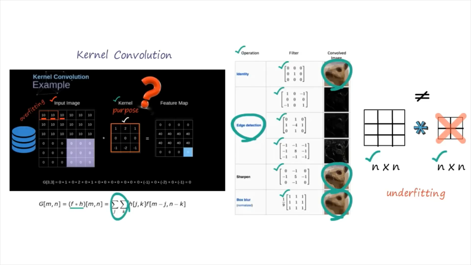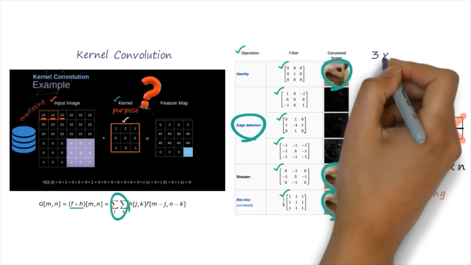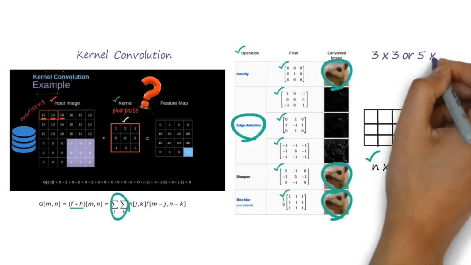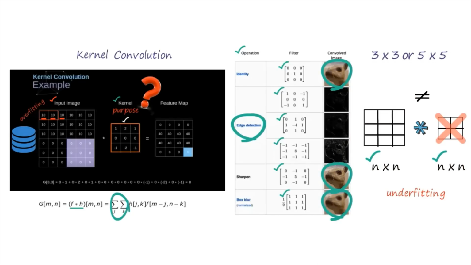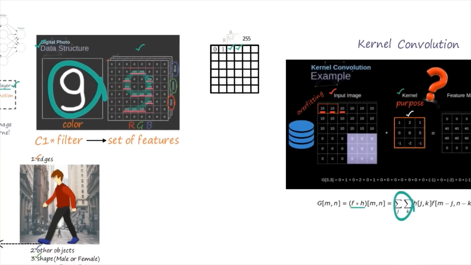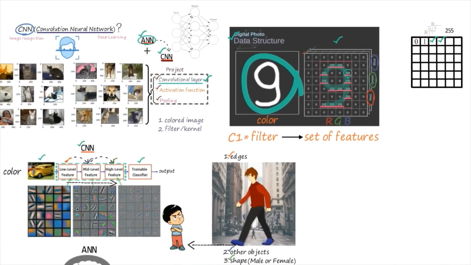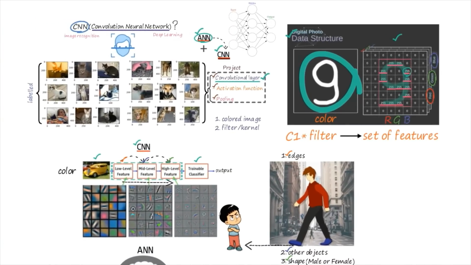The answer is yes, we have to judge the size of the filter in such a way that it should not be too large or too small. In general, people will use either a 3x3 or 5x5 kernel, and in most applications, a 3x3 kernel will be enough. So I hope the first layer, that is the convolutional layer, is clear to you all.